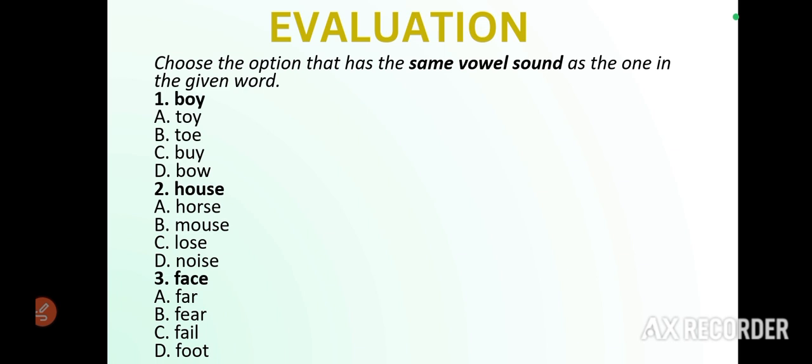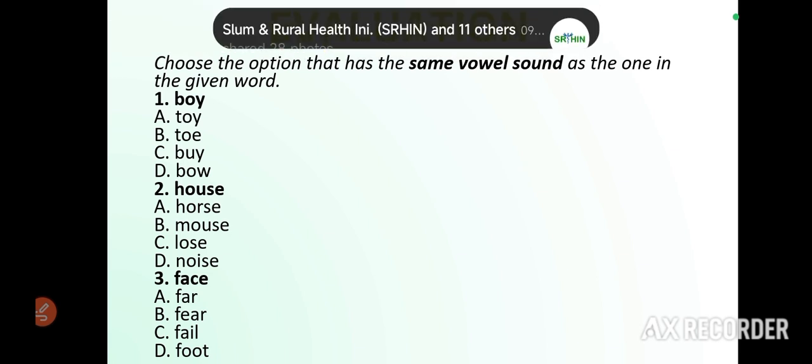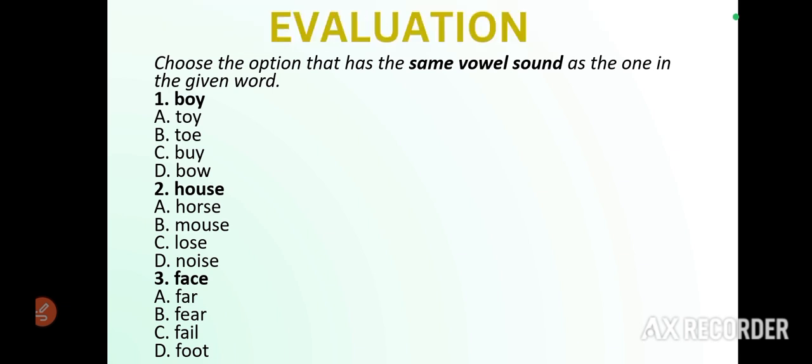For example, our ear sound and our o sound, you discover that you don't have a single representation of such sounds in our vowel sounds, and that is why we need to study the diphthong sounds very well, as it will help us to understand our stress and the stressed syllables in a word.